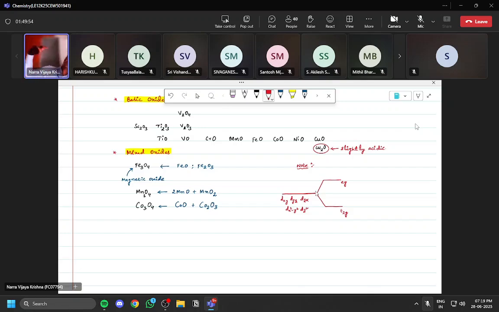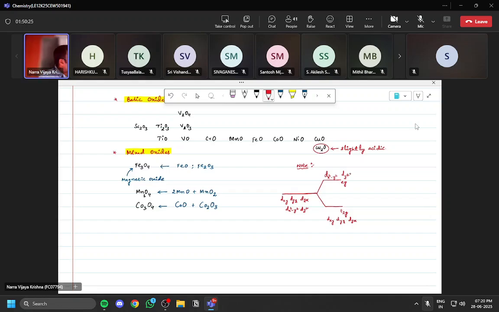When water approaches it, water acts as a ligand. When ligand approaches along the axis, orbitals which are along the axis will have more energy. Remaining orbitals which are between the axis have lower energy. So, what are the orbitals which are between the axis? dxy, dyz, dzx. Their energy goes down. dx square minus y square, dz square. Their energy goes up. So, this is called splitting.